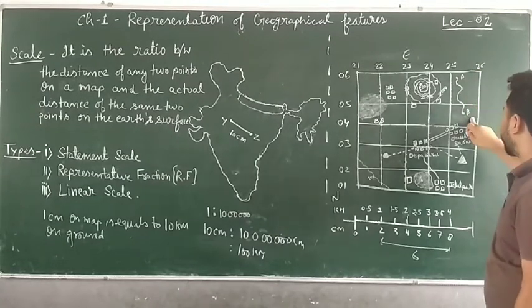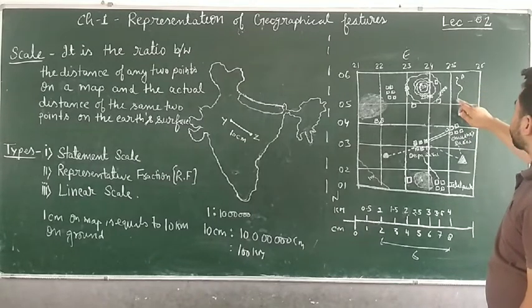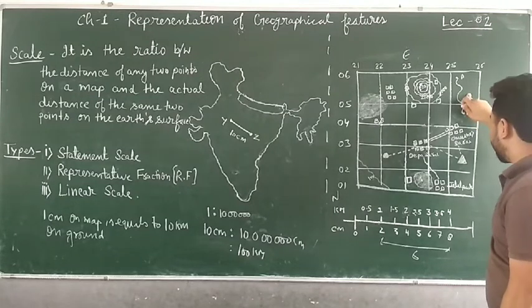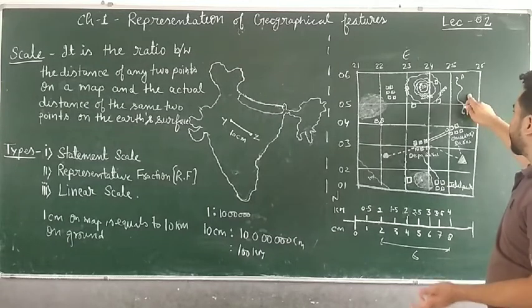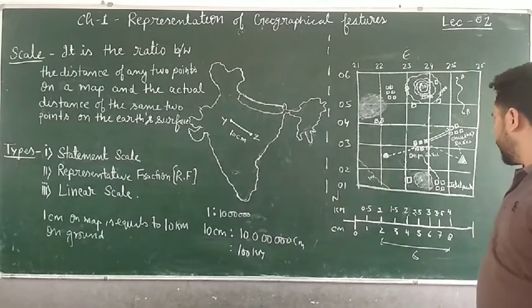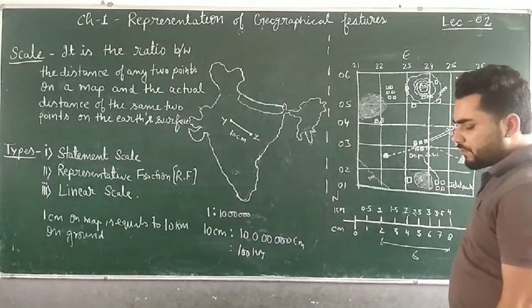If it comes to 10 centimeter, then 10 centimeter on paper will be equal to 5 kilometer on ground, because here 1 centimeter is equal to 0.5 kilometer on ground.